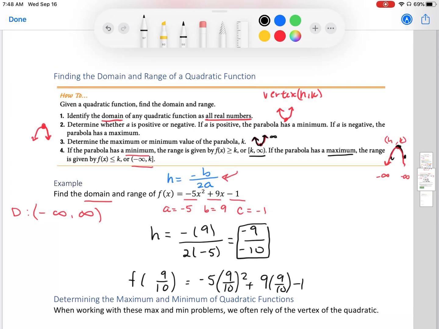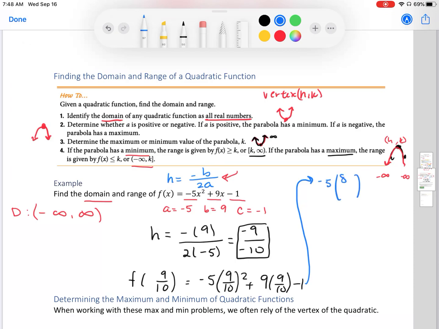Let's simplify it. So that's negative 5 over 1. We can cross multiply. Oh wait, I first have to square. Let's continue over here. So I have negative 5. I got ahead of myself.